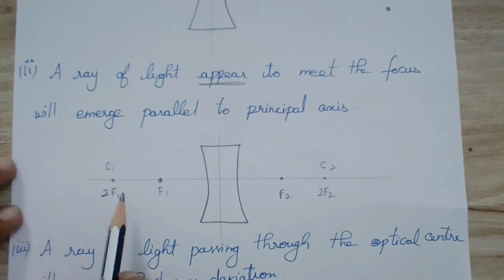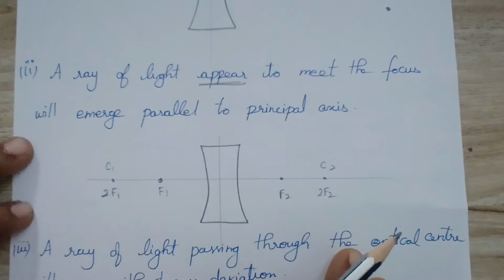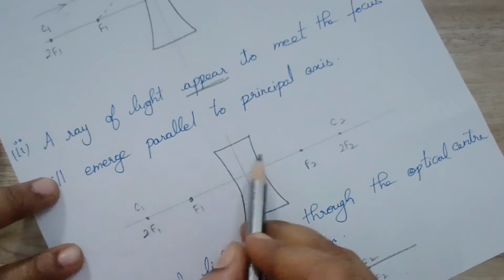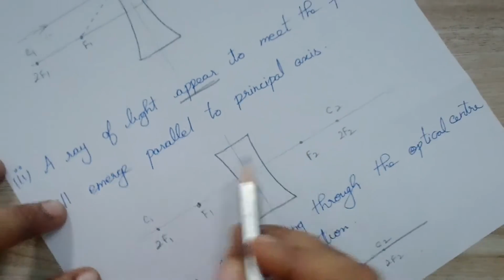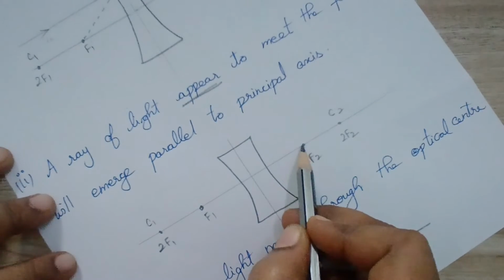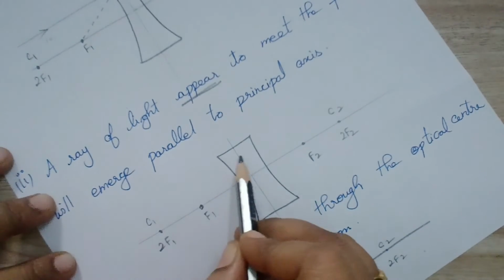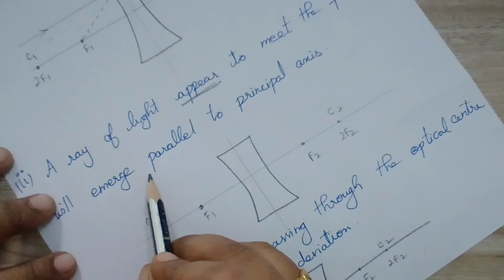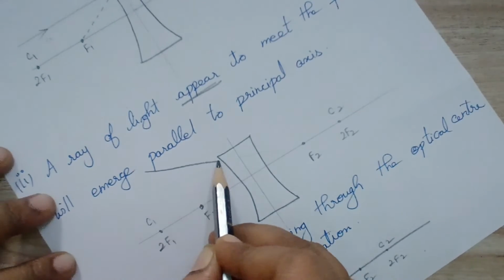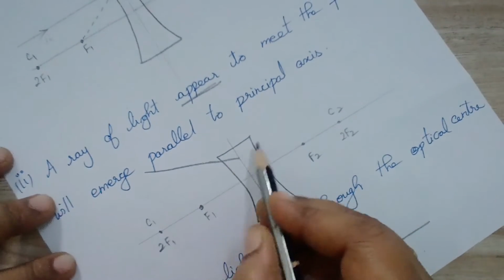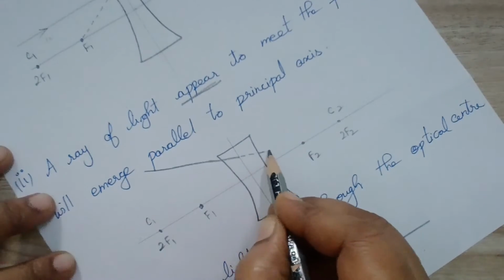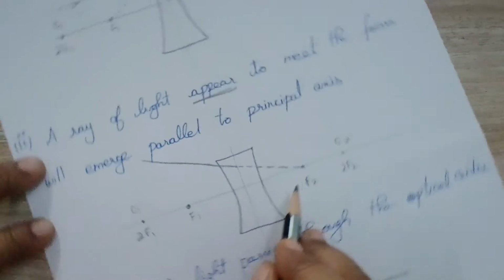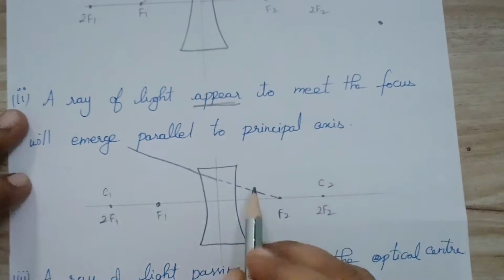See, for example here, it appears to meet at the focus. So the light rays appear to meet at this focus. Okay, so that means it will be coming like this. It appears to meet at the focus and will emerge out parallel to the principal axis.